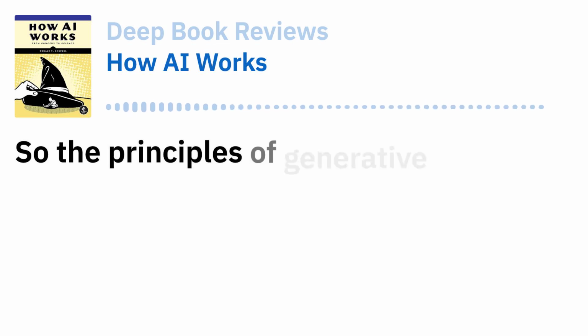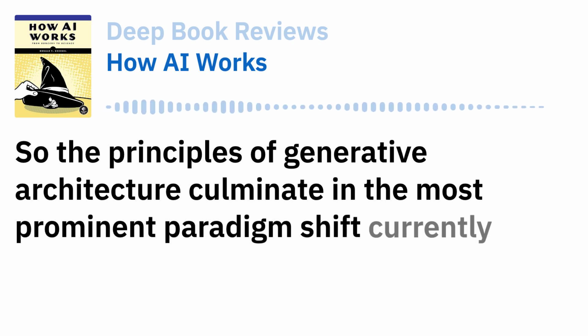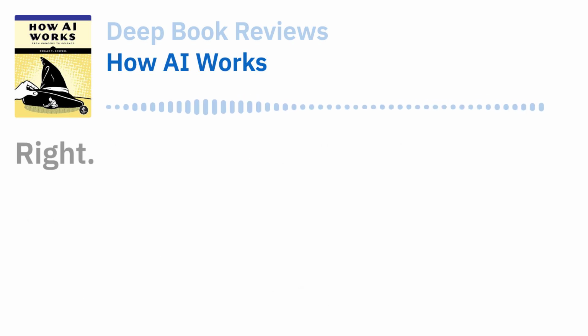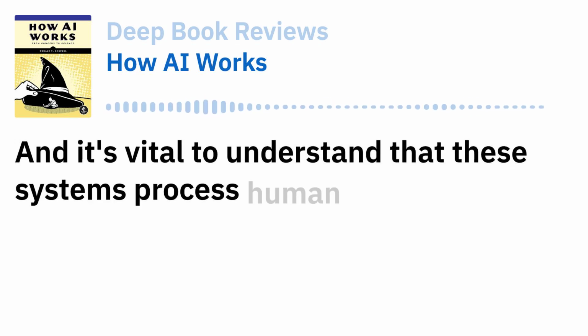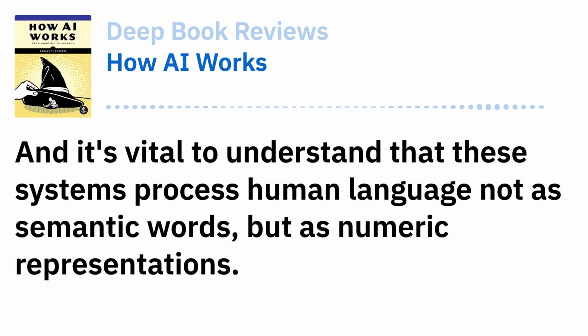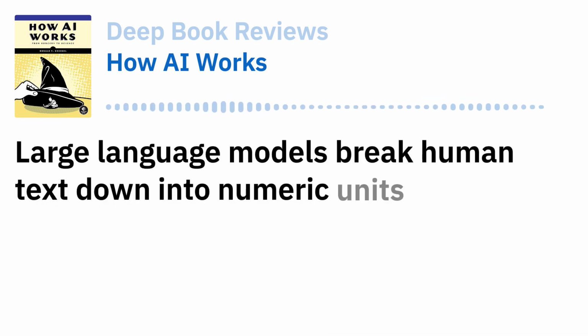Okay, so the principles of generative architecture culminate in the most prominent paradigm shift currently affecting society, which is text-based large language models. Right, the models that power systems like ChatGPT. Yes. And it's vital to understand that these systems process human language not as semantic words, but as numeric representations. That is correct. Large language models break human text down into numeric units called tokens.